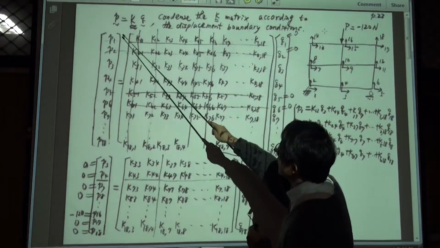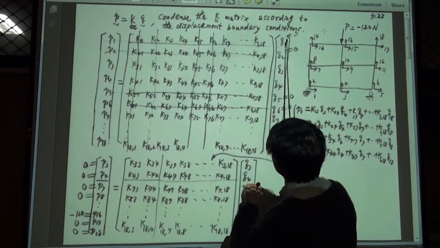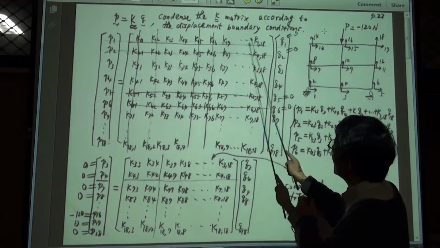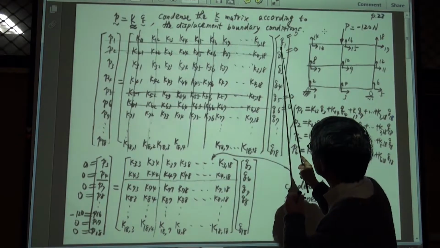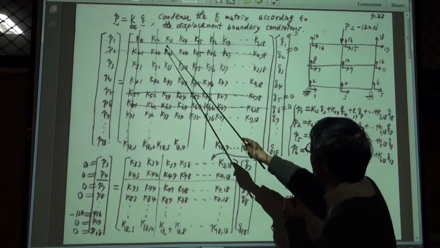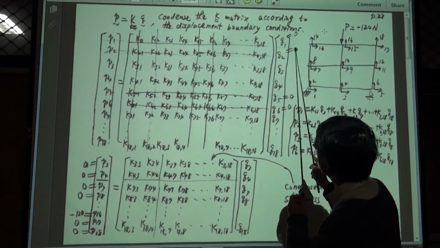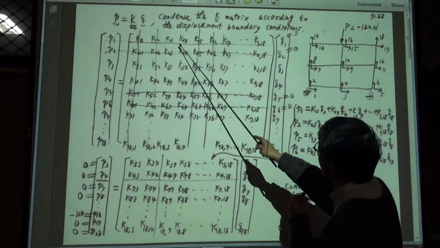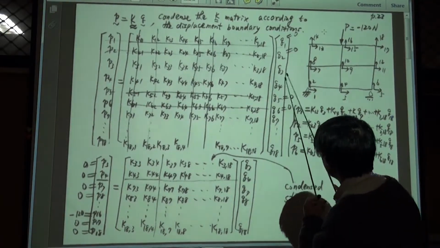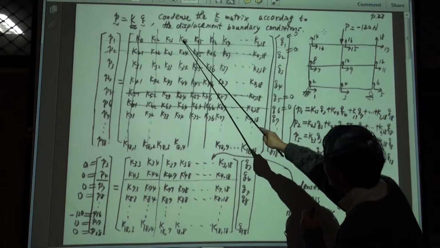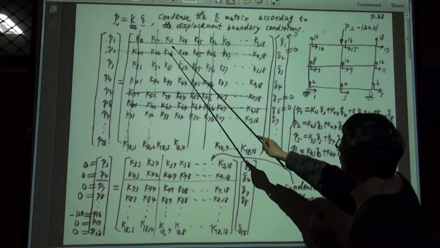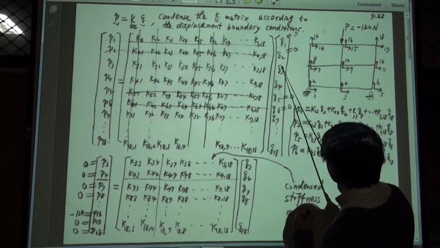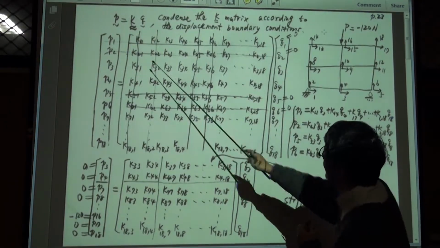P1 equals K11 times Q1, but Q1 equals 0, so it doesn't count. K12 times Q2, but that is also 0. Plus K13 times Q3, this one. Plus K14 times Q4, this one. Understand? So from this row and this column, we get P1.